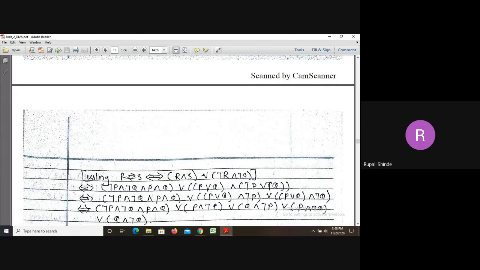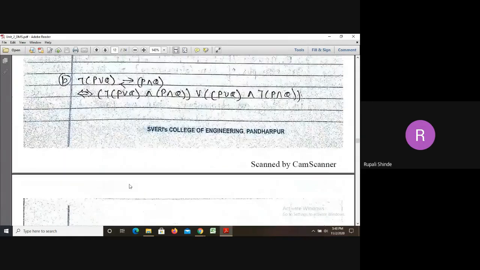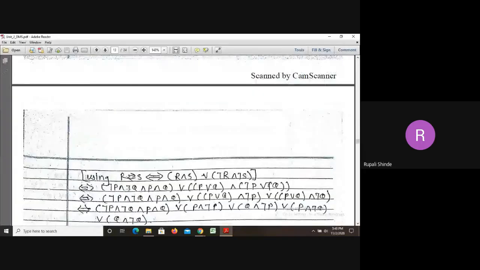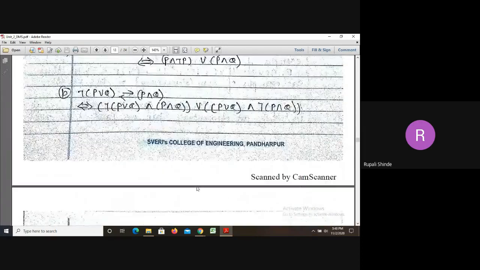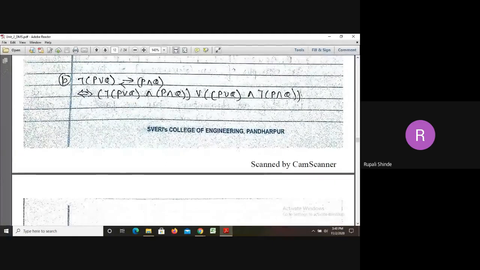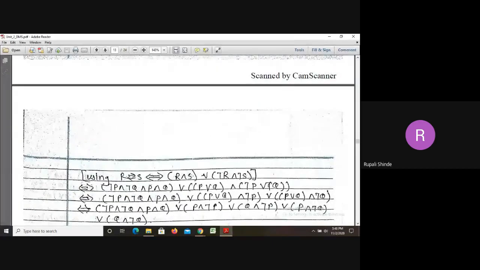Check what the values of R and S are: R is equal to negation of (P or Q) and S is equal to P and Q. Now we substitute these values in the given formula.